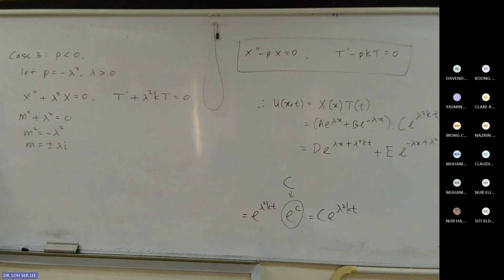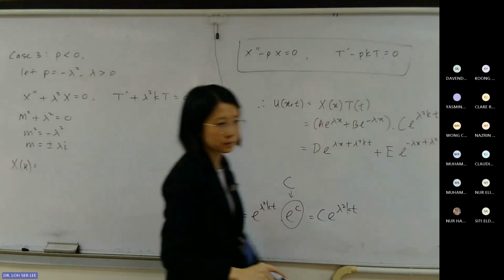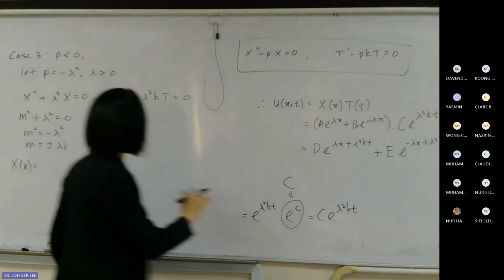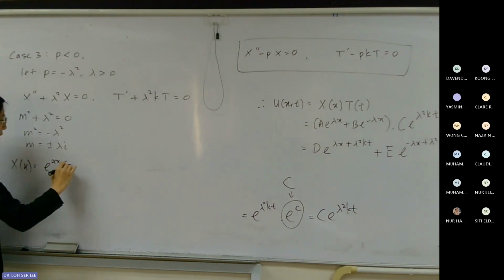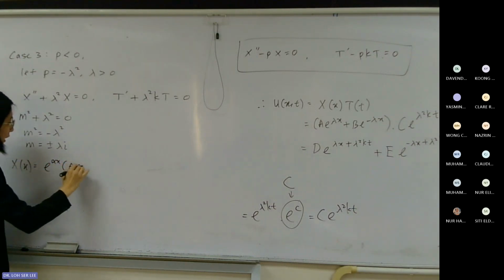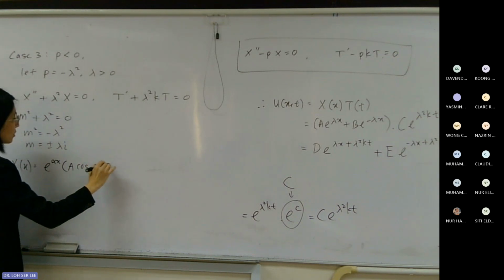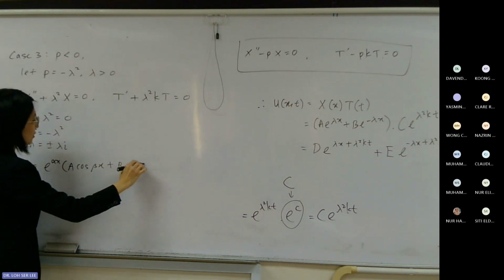This is a complex conjugate, so your solution will be, alpha is 0, beta is lambda. Here use capital A. Suppose you have e to the alpha x, and then I follow this one: A cos beta x plus B sine beta x.